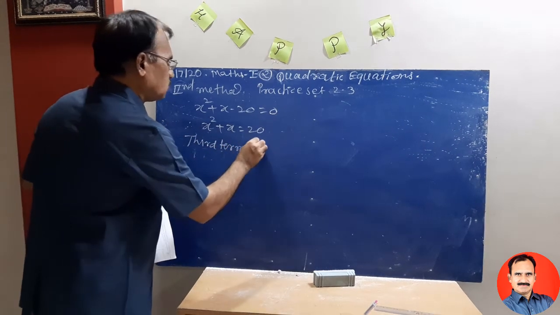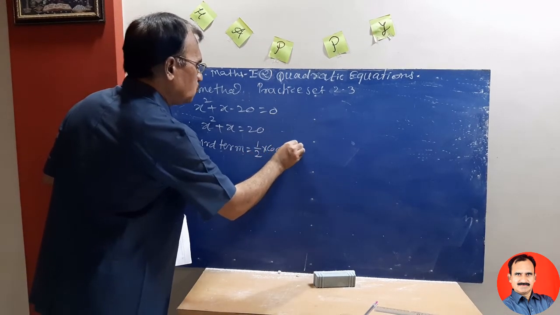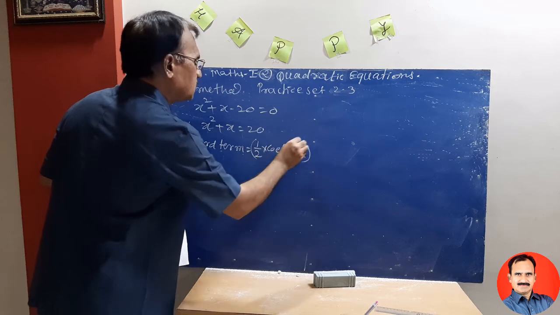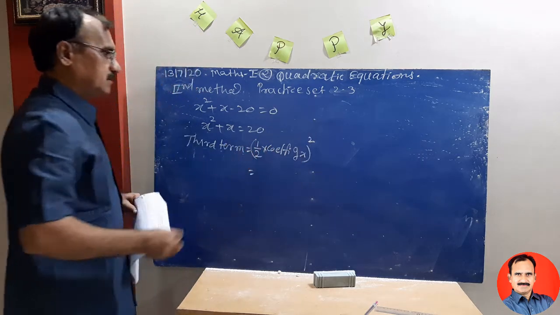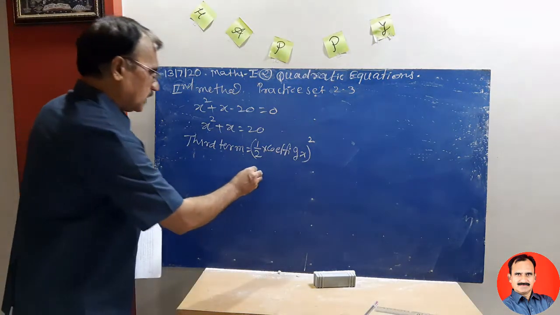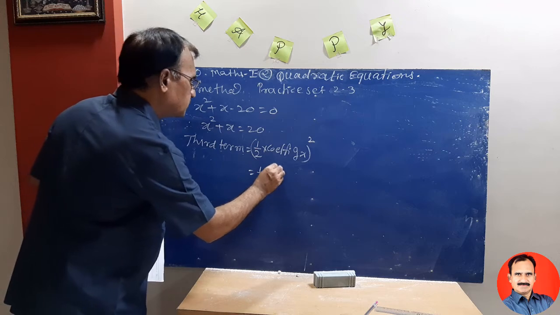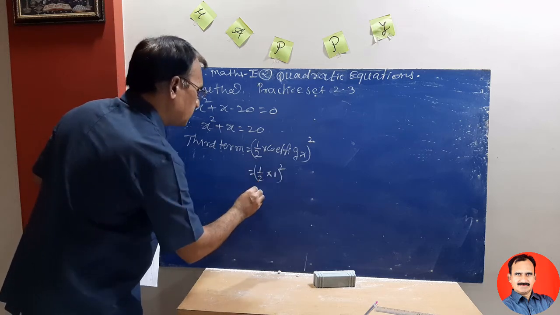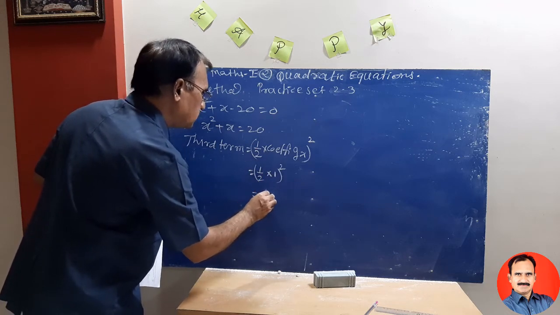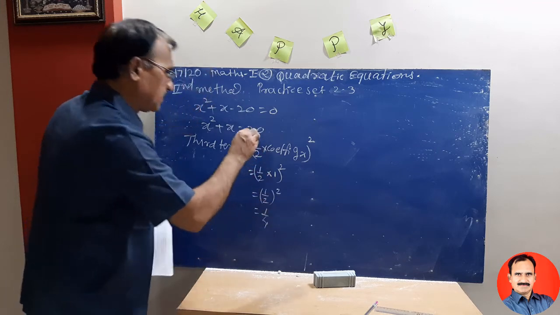The third term is equal to (1/2 into coefficient of x) bracket square. This is from the old method. 1/2 into coefficient of x, which is 1, bracket square: (1 upon 2) bracket square is equal to 1 by 4.